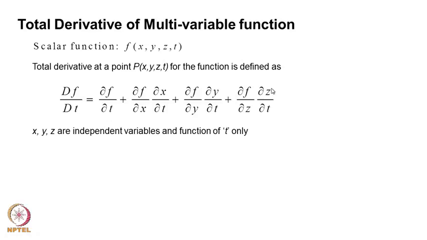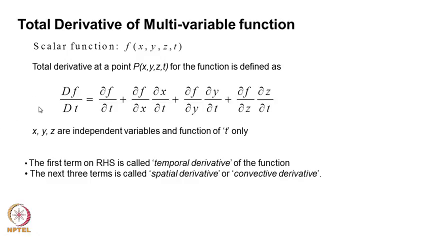Because the function f depends on the 3 coordinates x, y, z and on t, we have partial derivatives defined for that function in time as well as in the other 3 spatial coordinates. Such a derivative is defined here as capital D by dt, which is known as the material derivative, substantial derivative, or total derivative.